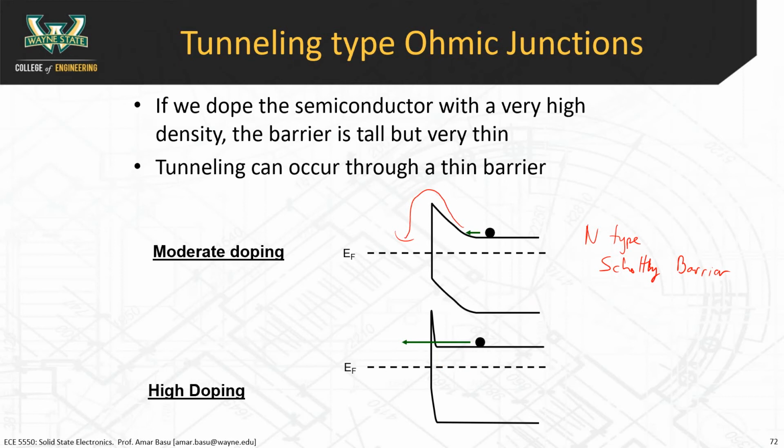This effect is called tunneling. There's a whole theory on it that we could talk about with the modern physics chapter that I went over in module 2, but there's just not enough time to cover that. What I do want you to understand, and we talked about it a little bit with Zener diodes as well, is that this is where an electron goes from a higher to a lower energy state, but it goes through a region where there's an absence of energy states.